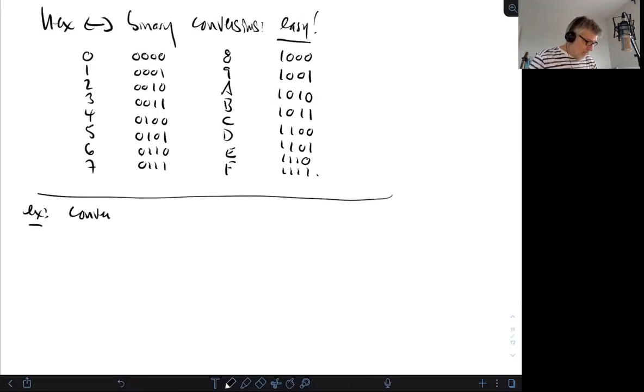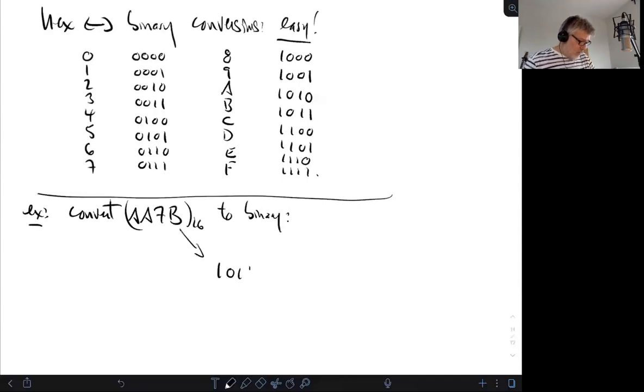Okay, so here is an example. Let's say I want to convert A7B, this is in hex, to binary. So what do you do? You take each one of the digits and you write it on 4 bits. B is 1011. 7 is 0111.